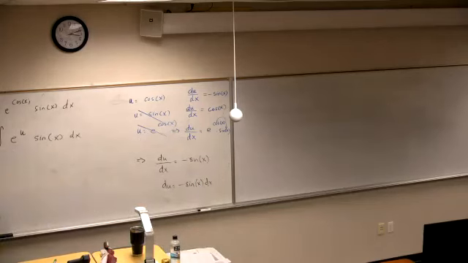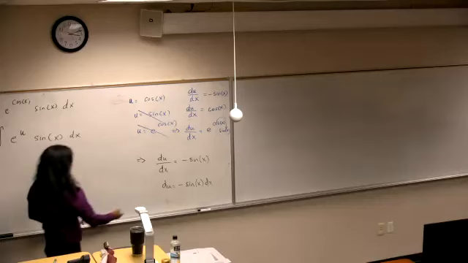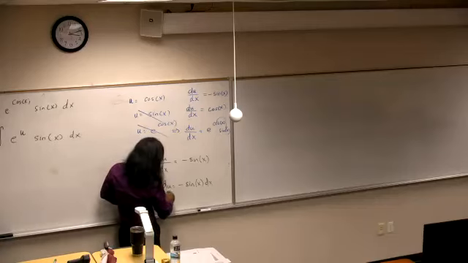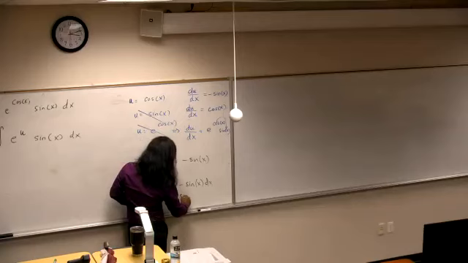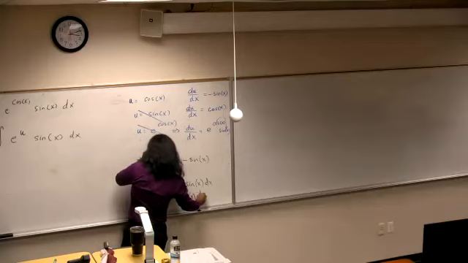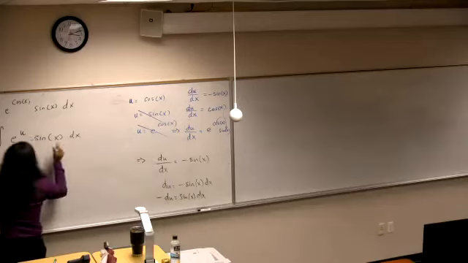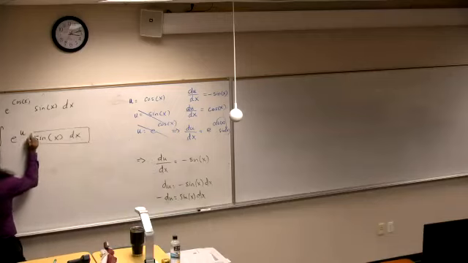But I want sine x dx. What should I do? You could move the negative to this side. So negative du would be sine x dx. So the entire part becomes negative du.